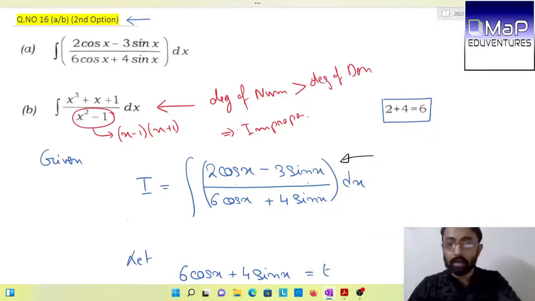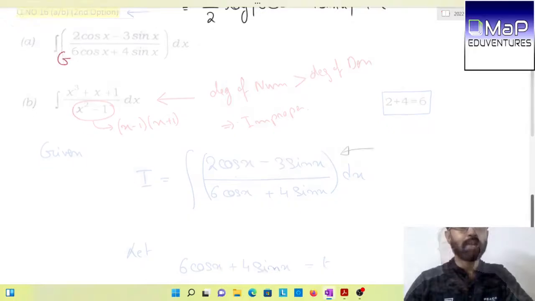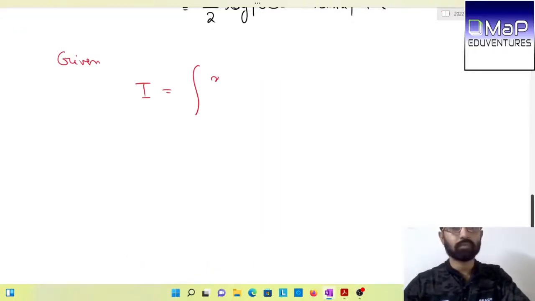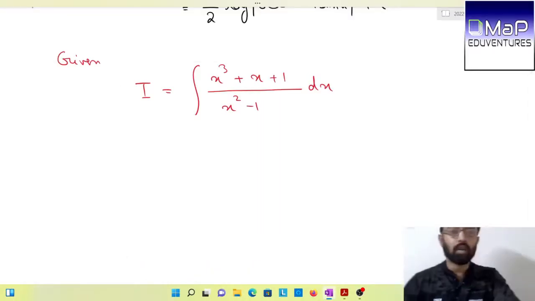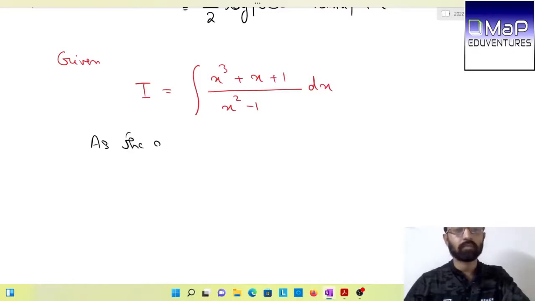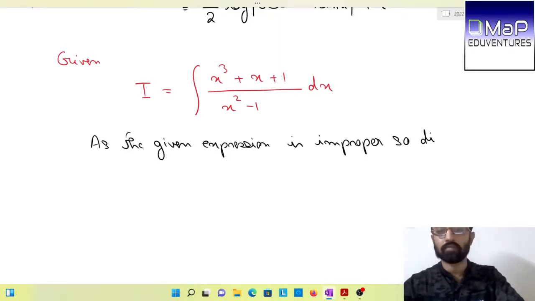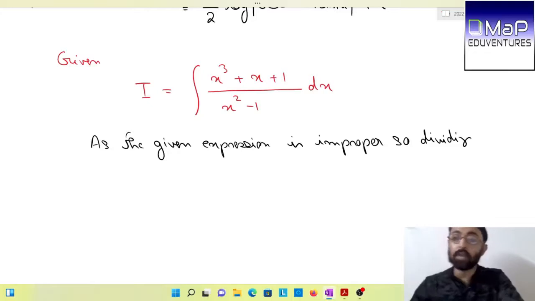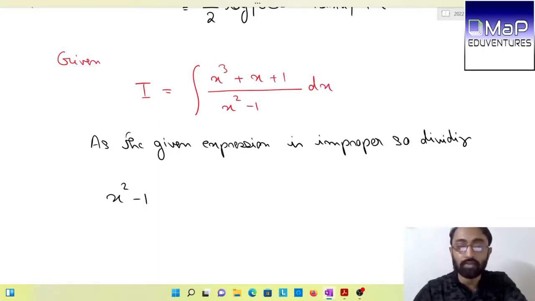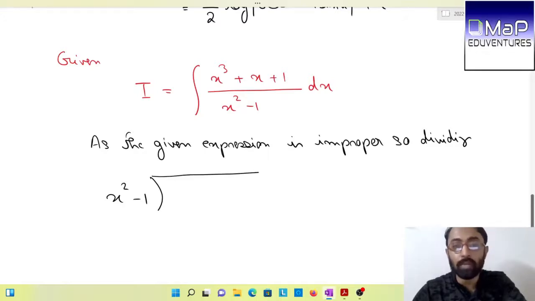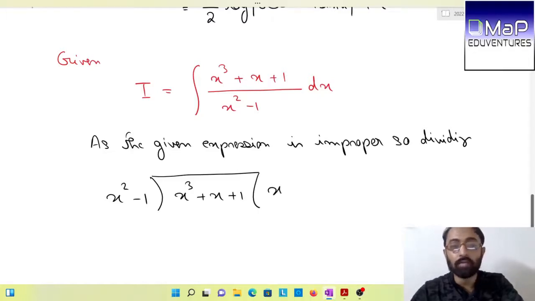Okay, so we can factorize, and it is given as improper. Alright, so here we can say, as the given expression is improper, so dividing, so here we divide and this is a part of the answer, so you have to show this, do not do it as rough work, okay, make it a part of your answer. Alright, so here what happens, you have to multiply with x. We have x cube minus x.